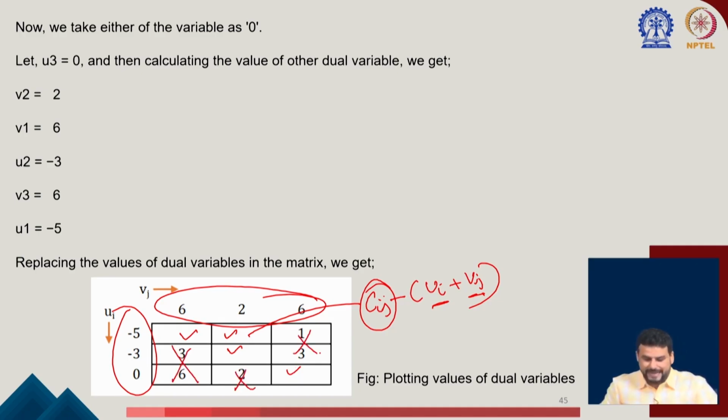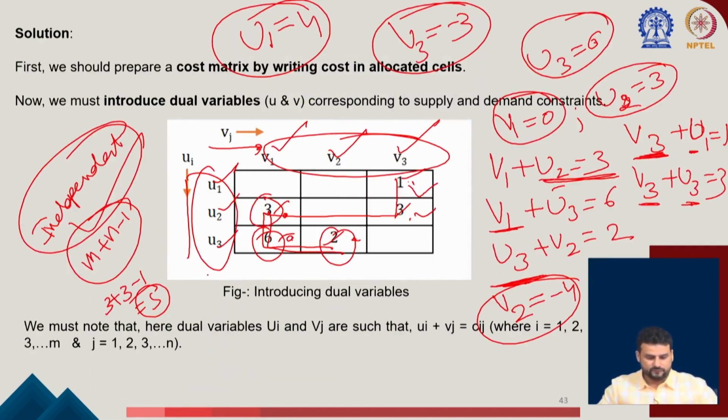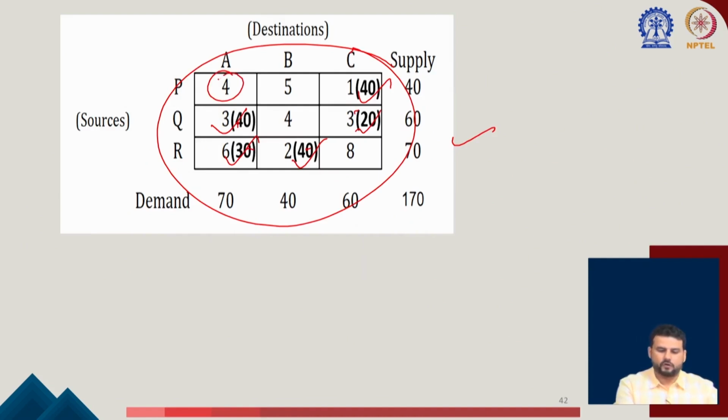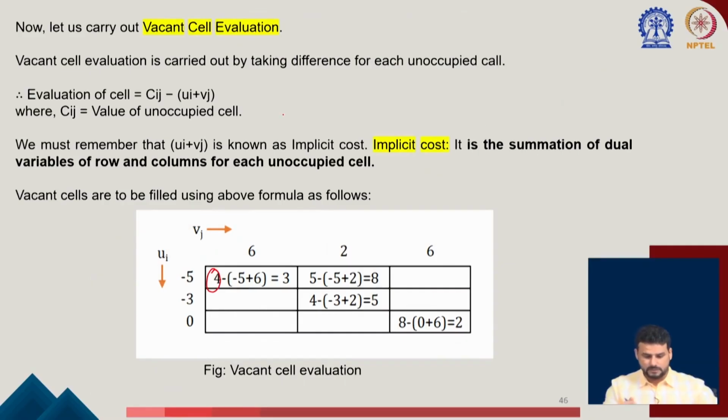If we do that, you can see the initial cost for the first cell is 4. For this it is 5, 4. So you can check: 4, 5, 4, 8, right. Now this is U1 and V1.